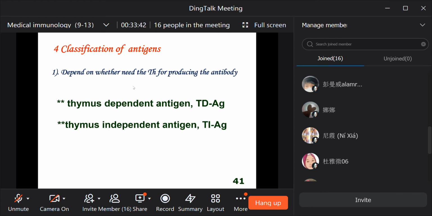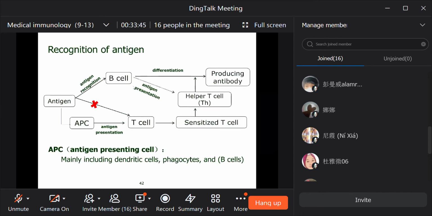In the last class, we already learned that the B cell can recognize the antigen directly and get the activation signal to further differentiate and then produce the antibody. But the T cell cannot recognize the antigen directly.